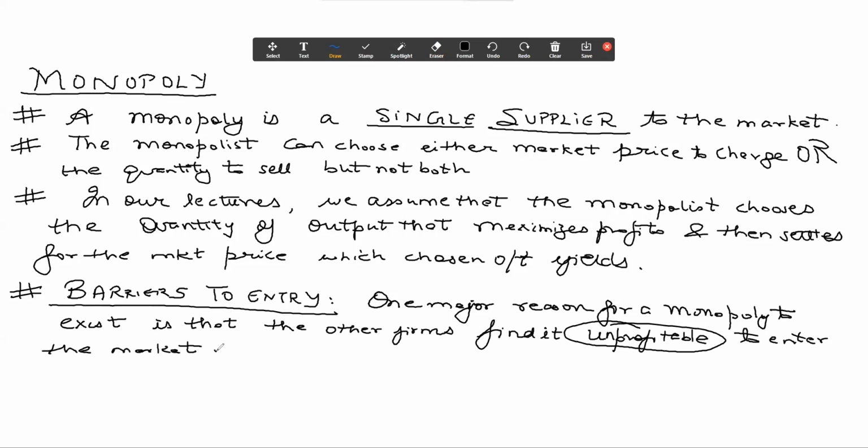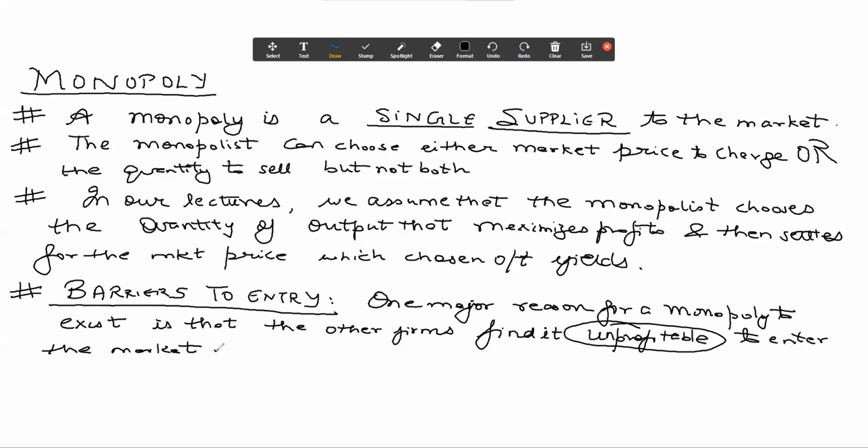Barriers to entry are the characteristic the monopoly possesses that makes it difficult for new firms to enter the market and compete with the monopolist.